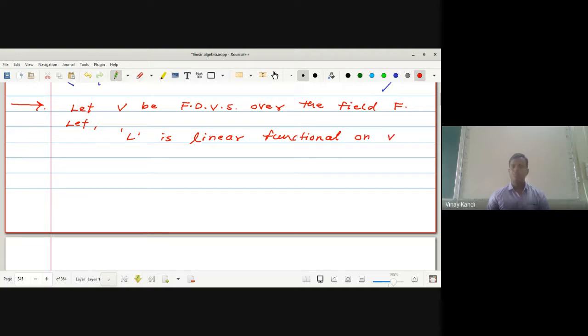Then by definition, if L is a linear function on V star, L belongs to the double dual space V double star, that is, the double dual of V.